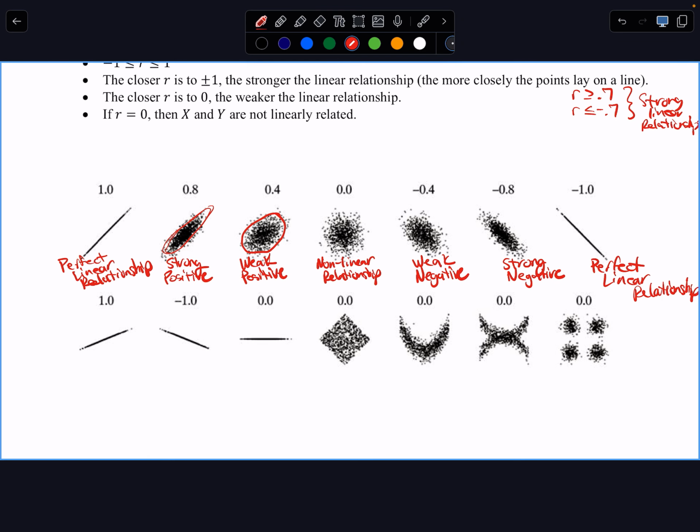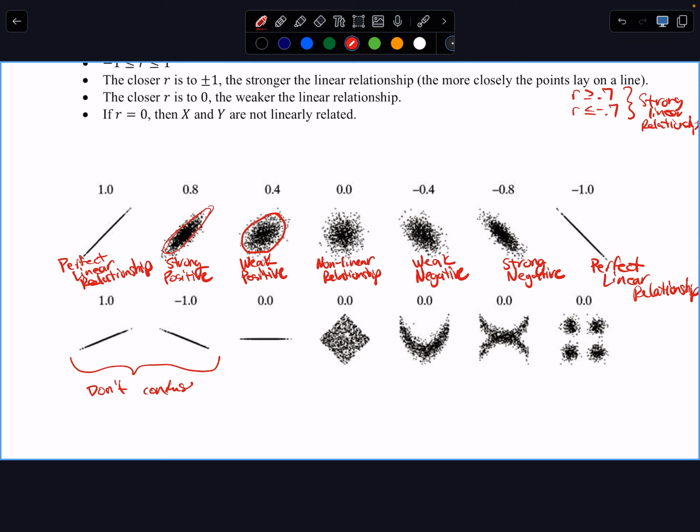I wanted to include these two values here because those are also perfect linear relationships, right? One of the things people tend to do is confuse the correlation coefficient with the slope, so I'm including this here.